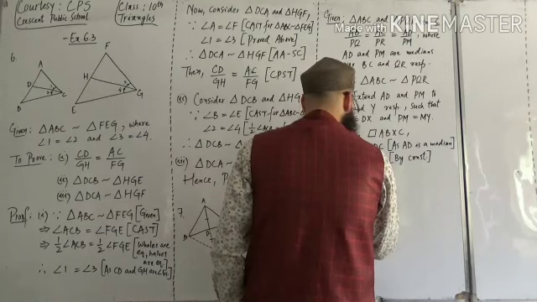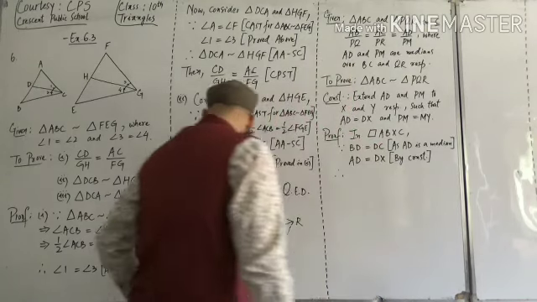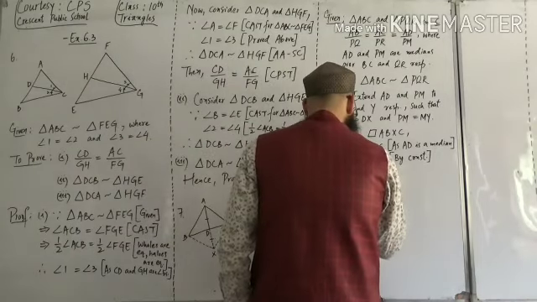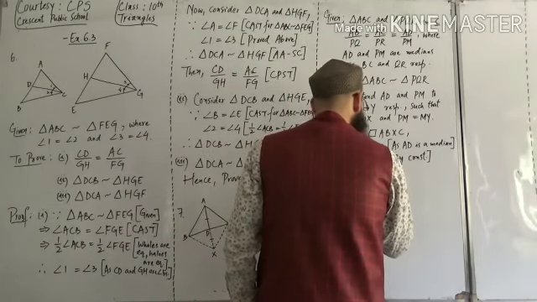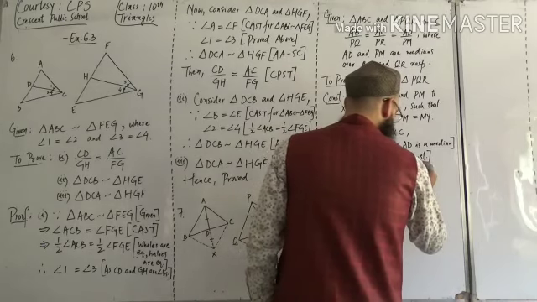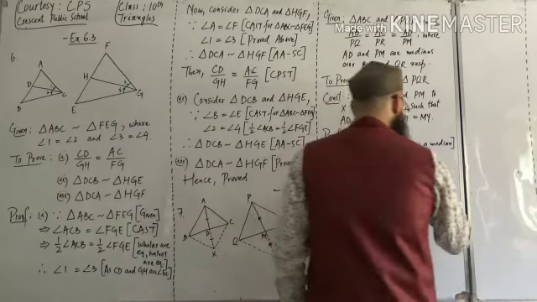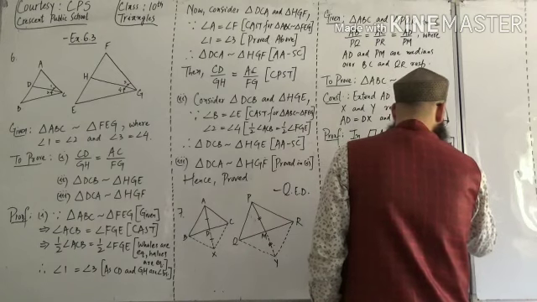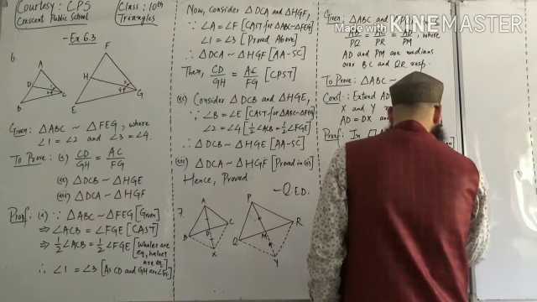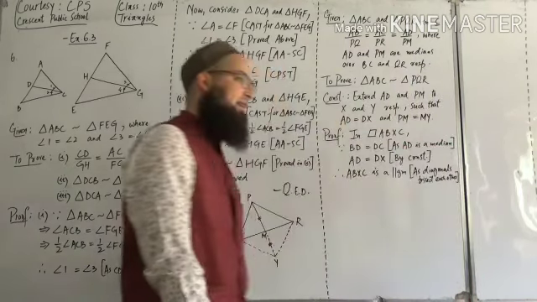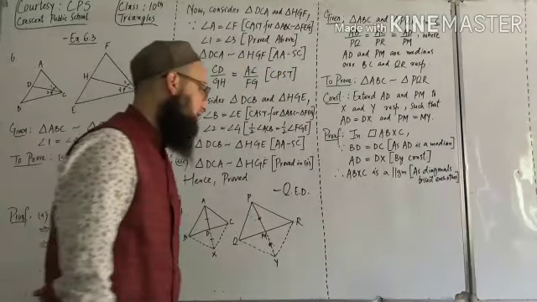So therefore I can say that ABXC is a parallelogram. Why? As diagonals bisect each other.